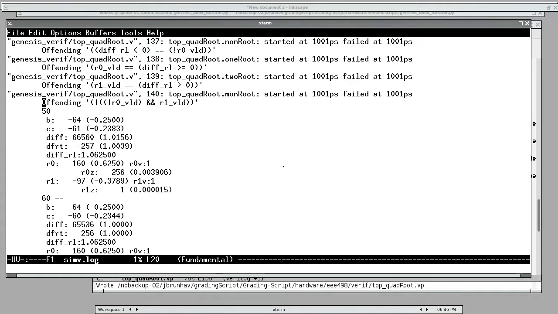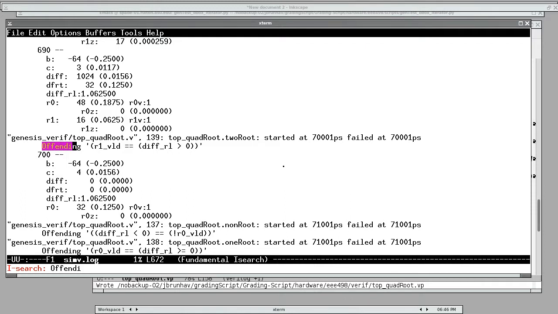So this was at 50, which is 4 cycles later after this. Okay, so it wasn't, they're unrelated. So we want to look for the next offending. We didn't have to wait too long. The diff real was 1.0625. Whoa, so that's a massive disagreement.